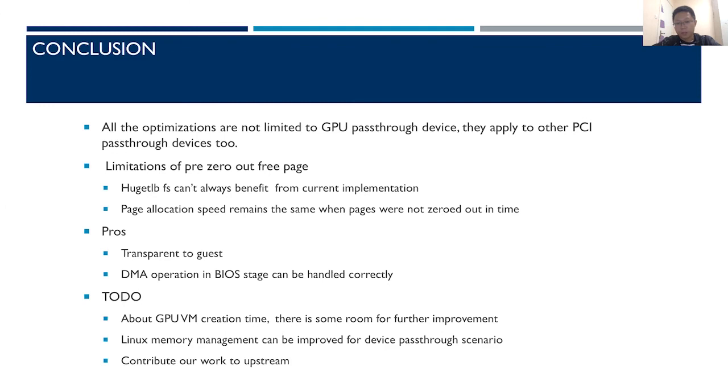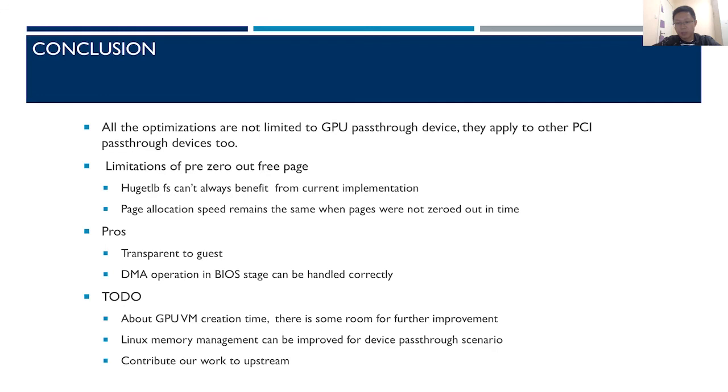In the conclusion part, I have to point out that the optimizations are not limited to GPU virtual machine instances. They apply to virtual machine instances with other PCI pass-through devices. And some of them apply to CPU virtual machine instances. About pre-zeroing free pages, it has some limitations.